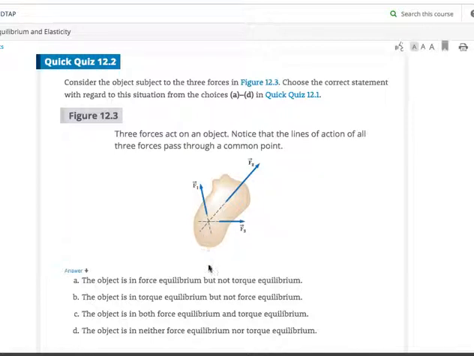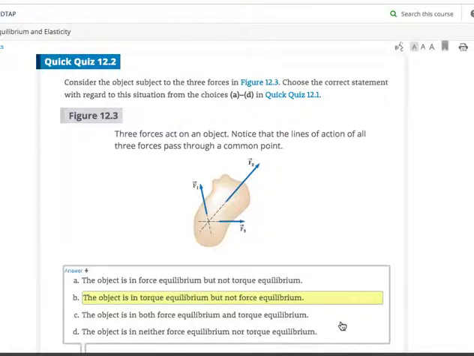So it is in torque equilibrium. But since there's a net force going up, and it looks like there's a net force that's probably going over to the right, it is not in force equilibrium. The object is in torque equilibrium but not force equilibrium.